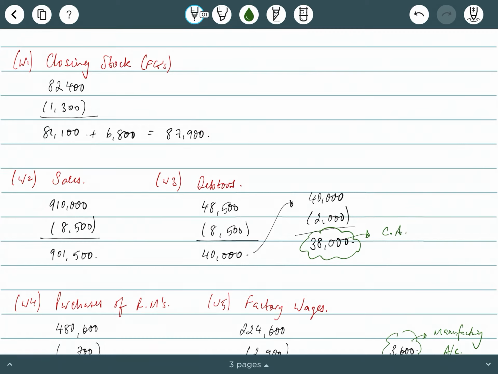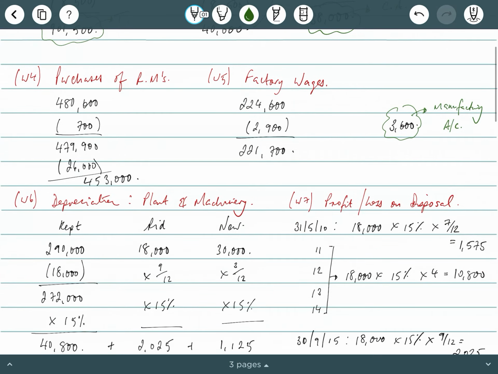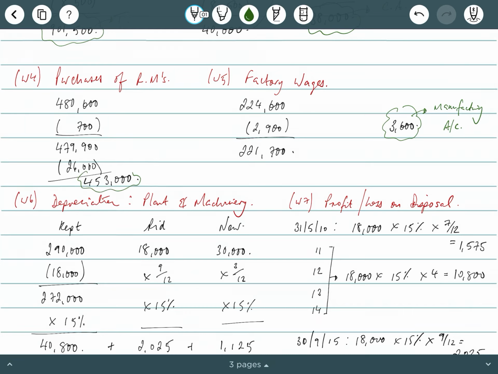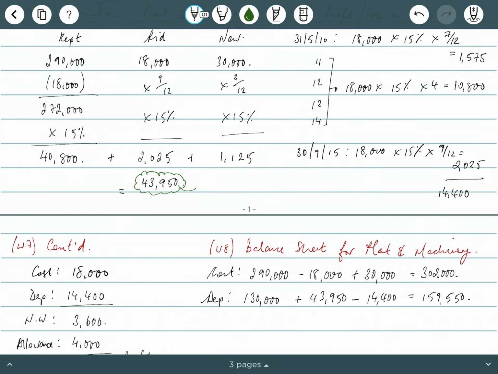And while I'm up here, we know that goes into the T and the current asset. And the 90,500 goes into your trading account also. That 453,000 goes into your manufacturing. We know that's also going to go into your manufacturing.